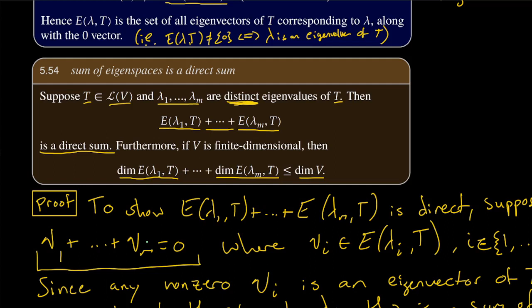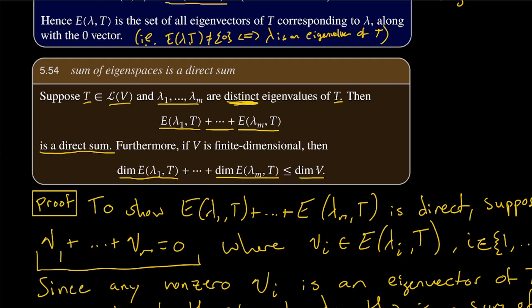This just means that this sum is direct, and as a nice consequence, since the dimension of a direct sum is the sum of the dimensions of the terms in the direct sum, this just means that the sum of the dimensions of the eigenspaces corresponding to distinct eigenvalues of an operator is less than or equal to the dimension of V. Nice.